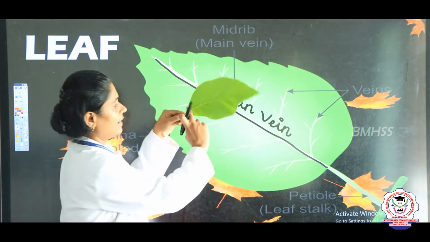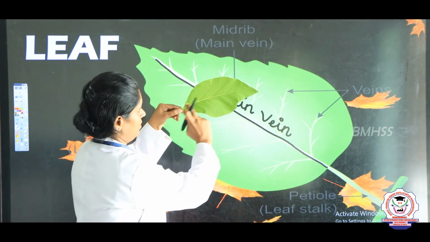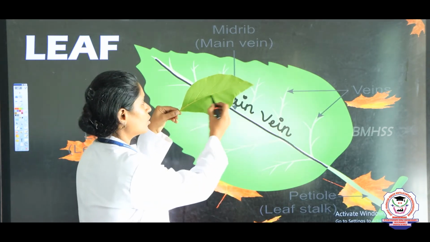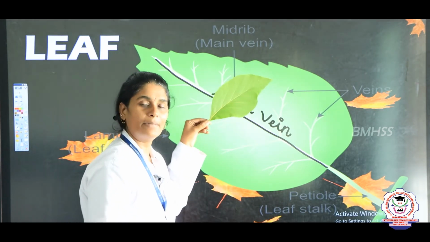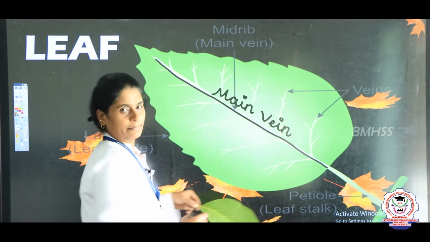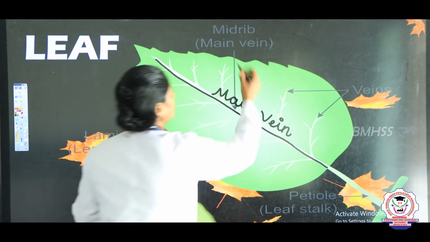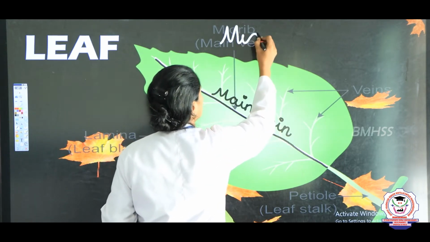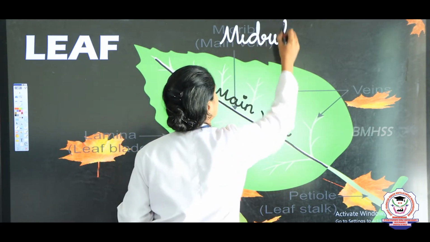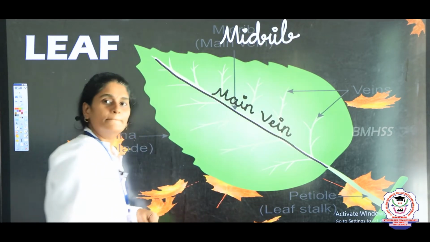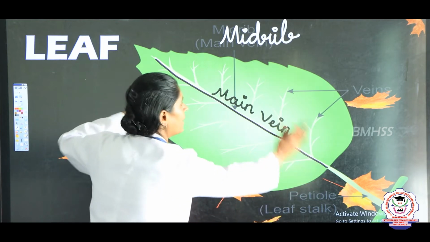This main vein is also called the midrib, M-I-D-R-I-B, midrib.